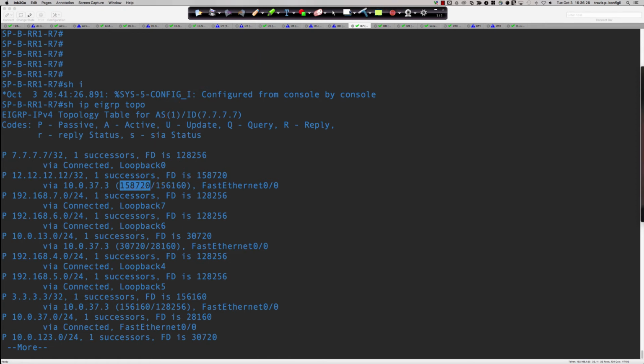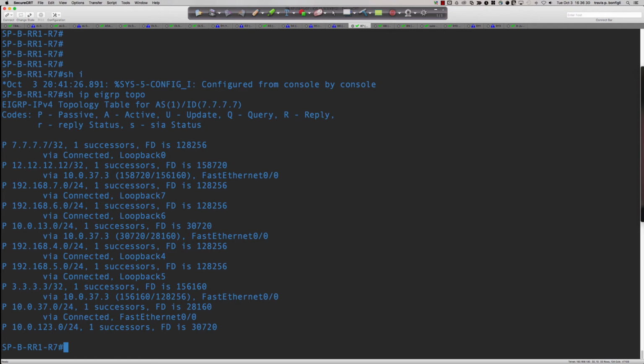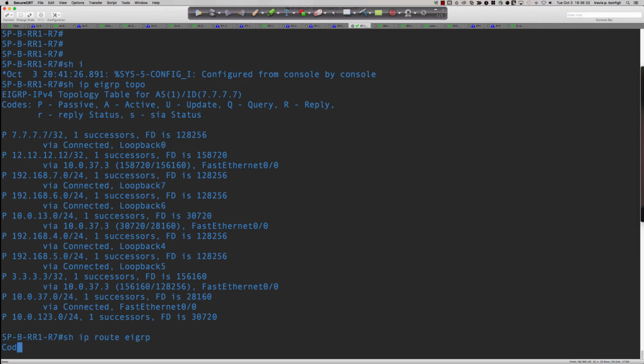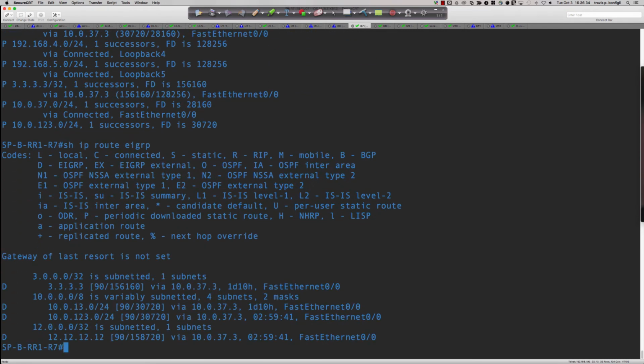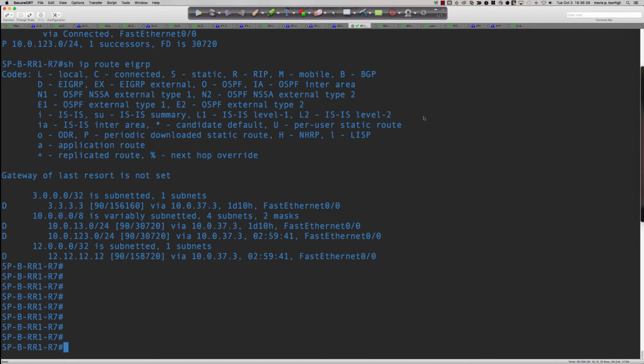In fact, when you see the output of the show ip route eigrp command, and let me bring it up a little higher here, when you see the metric displayed here, you are also told that this is the feasible distance. That is not the feasible distance. That is the computed distance.